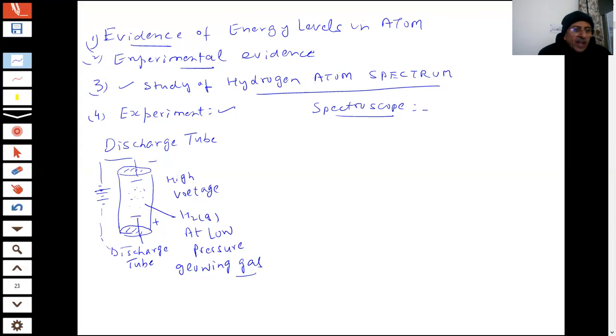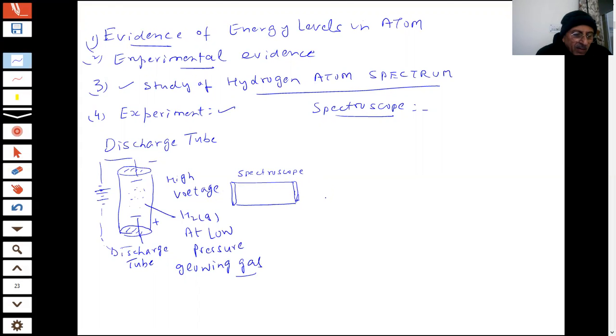So whatever emission was taking place, there's an instrument which I said, the spectroscope. This light is allowed to pass through the spectroscope, students.